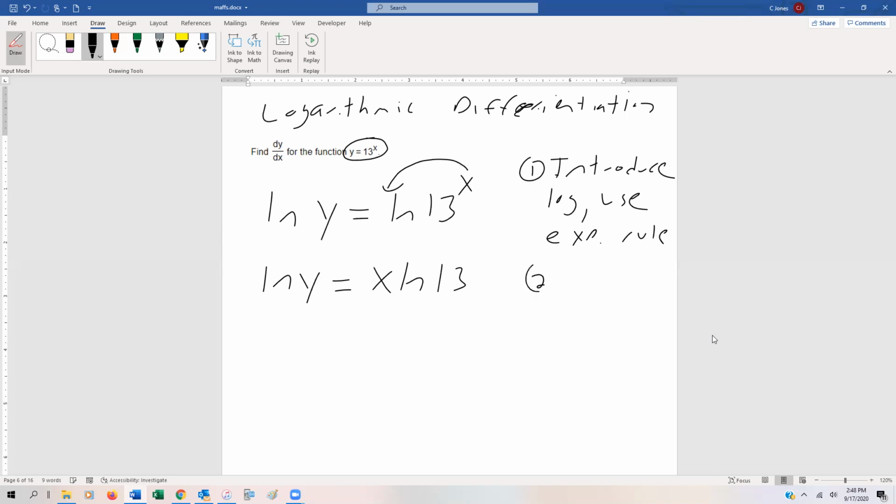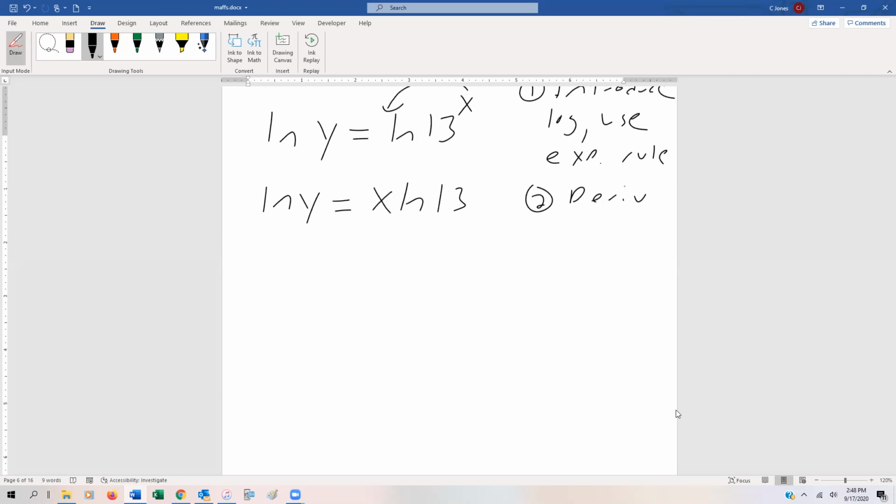Now we're going to take the derivative of both sides. This is actually a fairly easy derivative. The derivative of ln y is 1 over y, but remember, whenever you take the derivative of a y, we're going to have dy/dx. On the right-hand side, ln of 13 is just a constant, so we don't even worry about that.